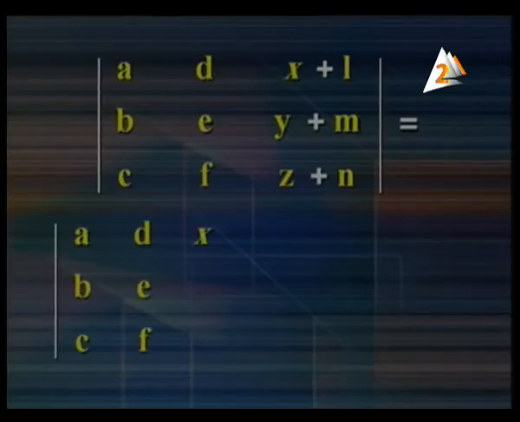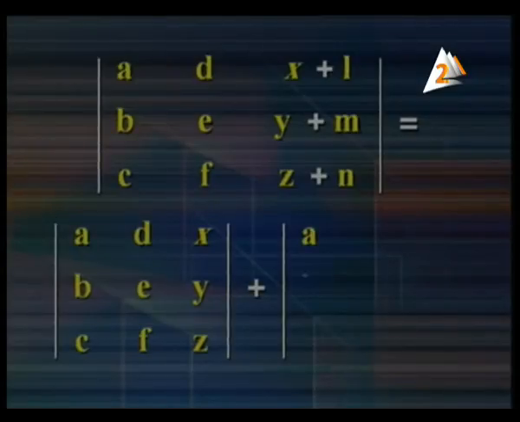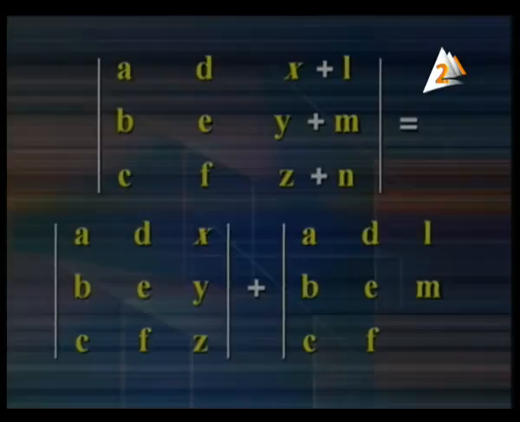Third row C, F, z plus n. Look, dear student, A, B, C, D, E, F, and the third column X, Y, Z. We divide the third column into 2 columns, plus a second determinant, A, B, C, D, E, F, l, m, n.